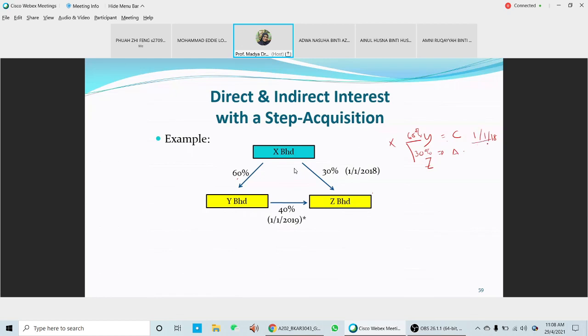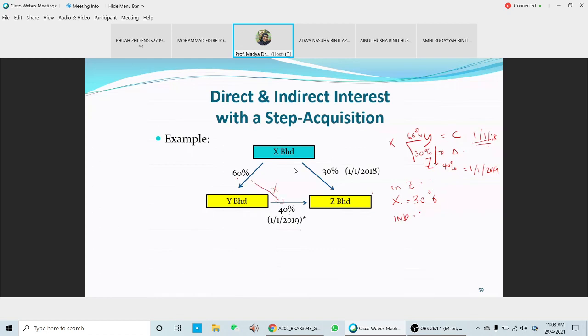Okay, Y acquired Z 40%. So Y acquired Z 40% on 1st of January 2019. So it means that the parent before this has 30% only in Z. Later on, when Y bought Z in the year 2019, another 40%, indirectly the parent is going to have 60% times 40%.